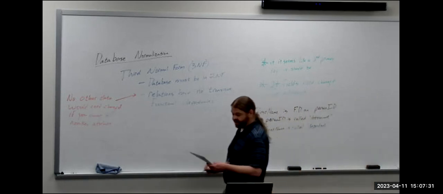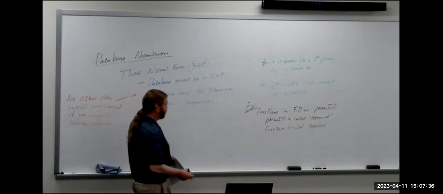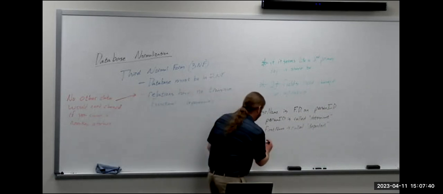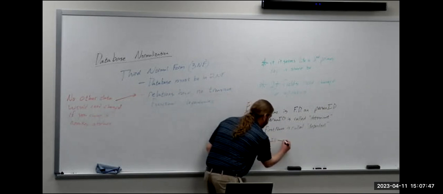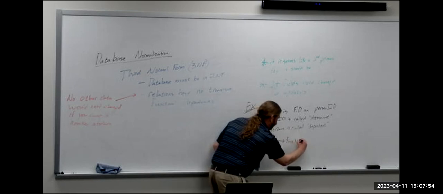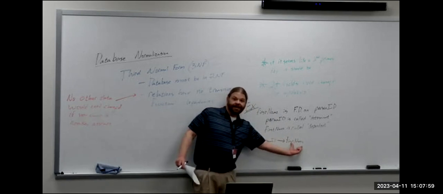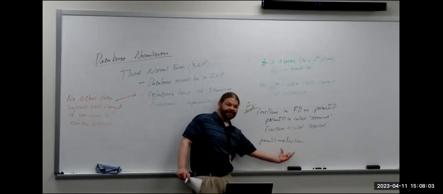And for a lot of people, this is one of the situations where it feels like the arrow points the wrong way. So when we notate that, the determinant, person ID, and then we point at first name. The arrow's pointing this way, but for a lot of people, it seems like we read it backwards.